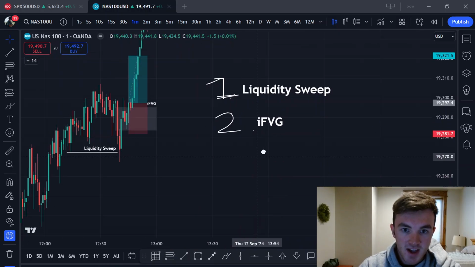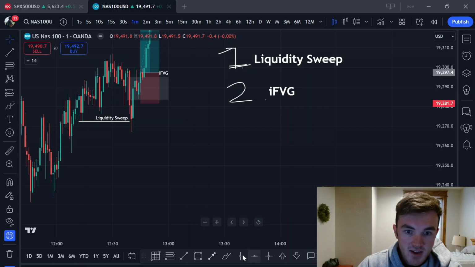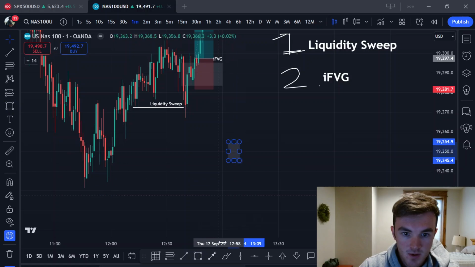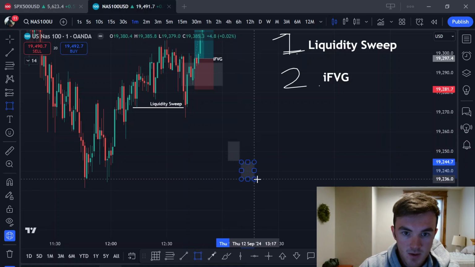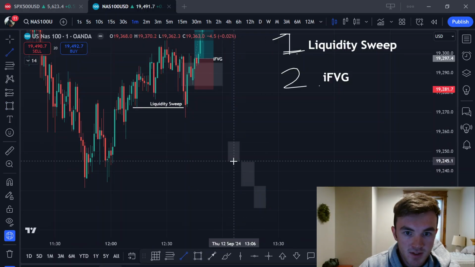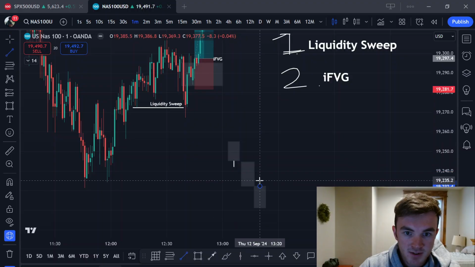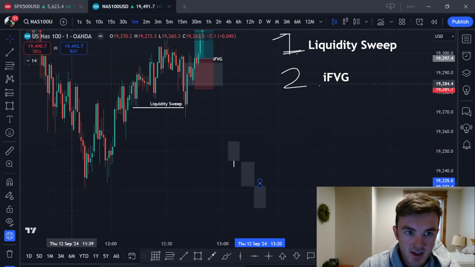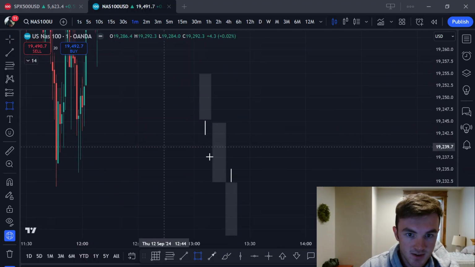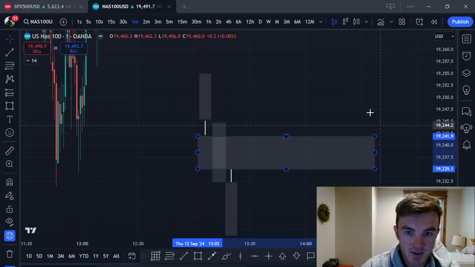A fair value gap is when you have a sequence of 3 candles, and the wick of the candle before and the wick of the candle after leave this empty area in between that doesn't overlap. So this right here would be the fair value gap.